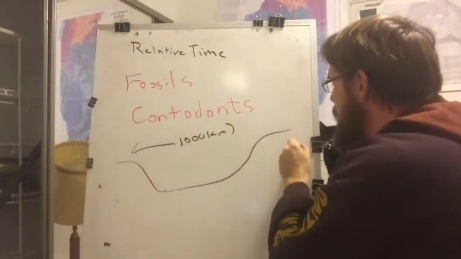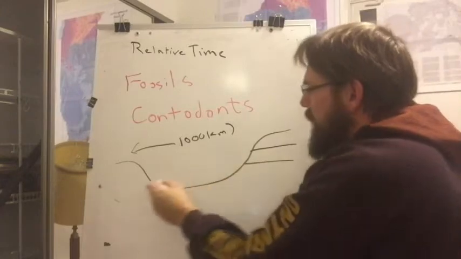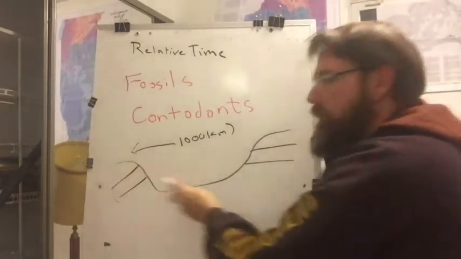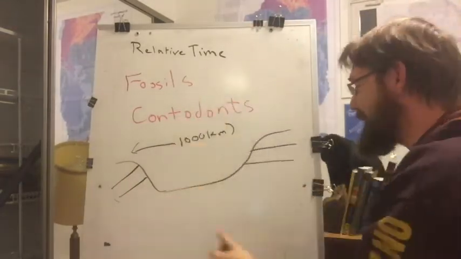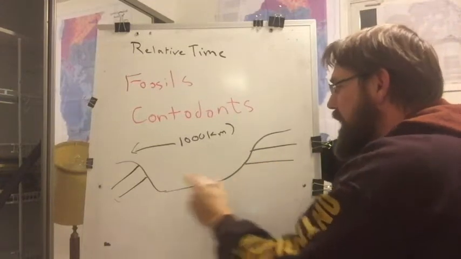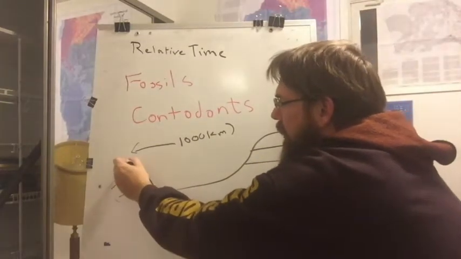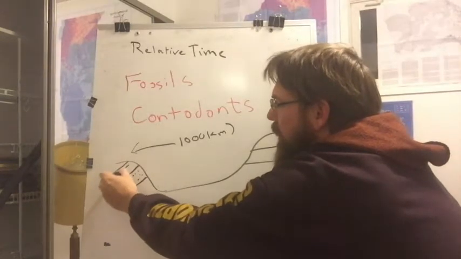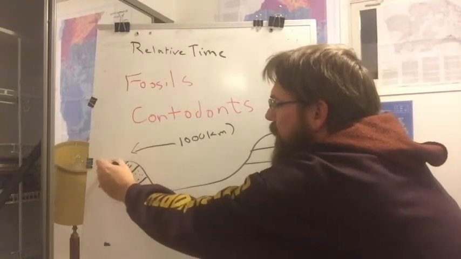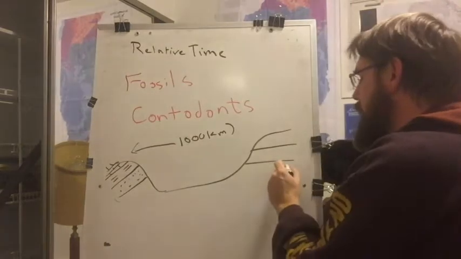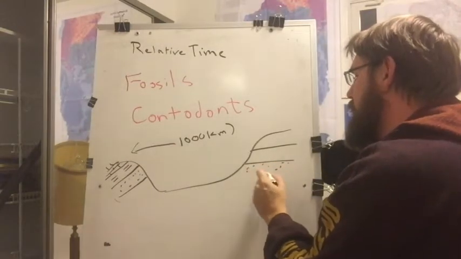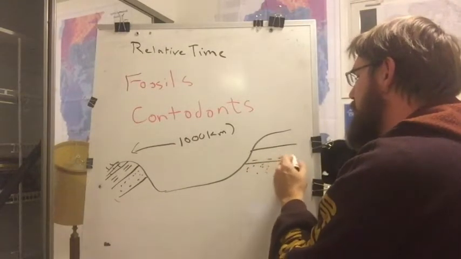So we have different units, and with that kind of separation, you're going to have all kinds of intrusions, faults, and things like that. But we'll just say here we have a sandstone. Here we have a shale. Here we have a limestone. And here's our sandstone here. Here's our shale here.